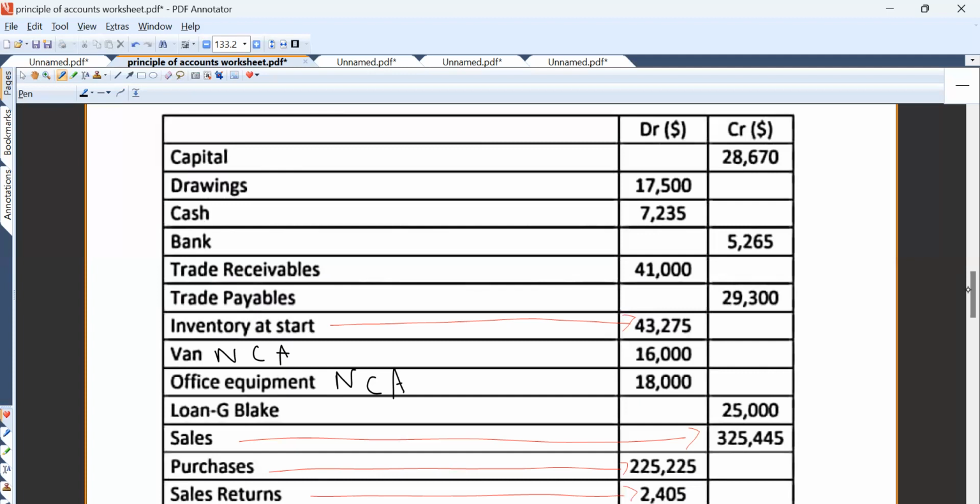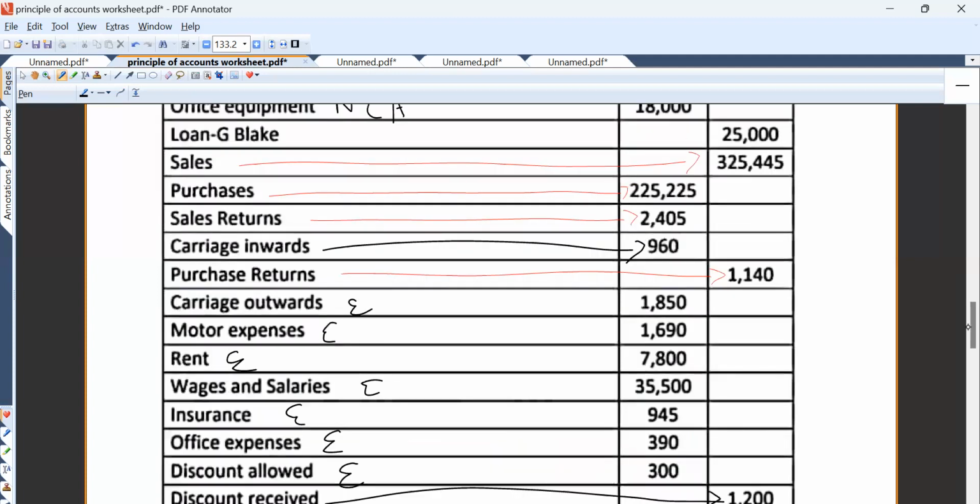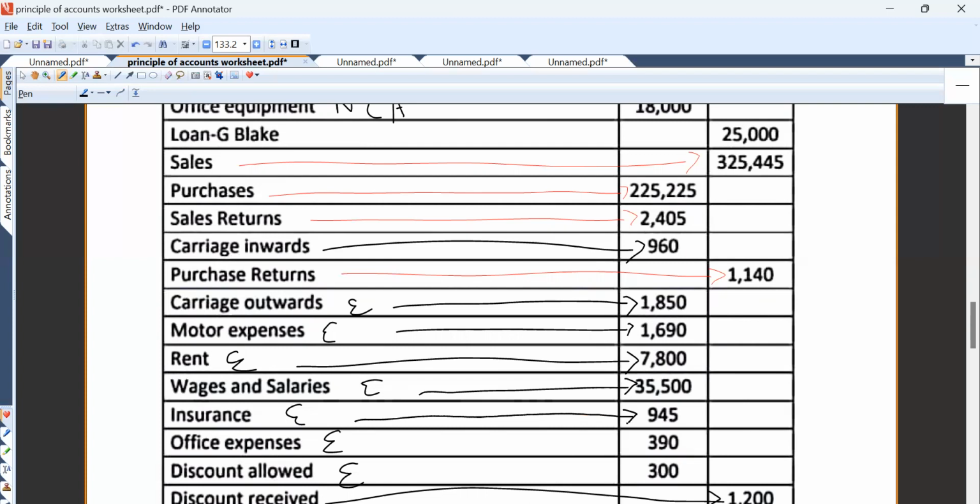But in this question, we don't have depreciation. Is it clear? So carriage outwards are 1,850. Motor expenses are 1,690. Rent is 7,800. Wages and salaries 35,500. Insurance 945. Office expenses 390. Discount allowed $300. All of these are part of expenses.